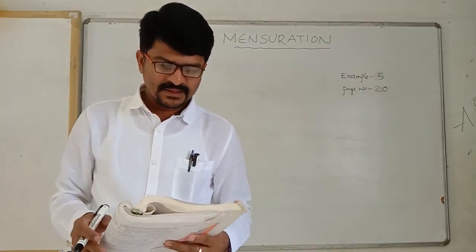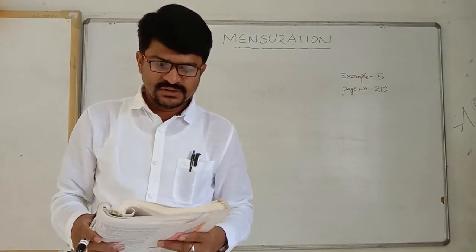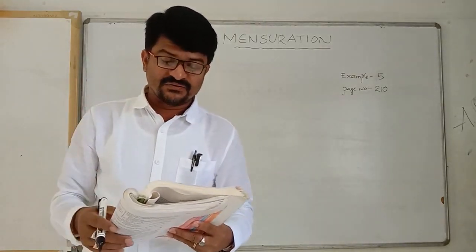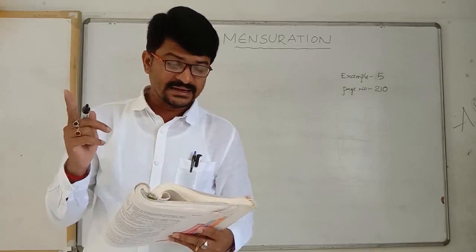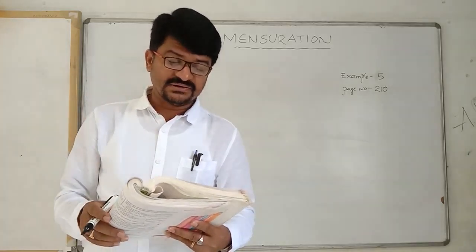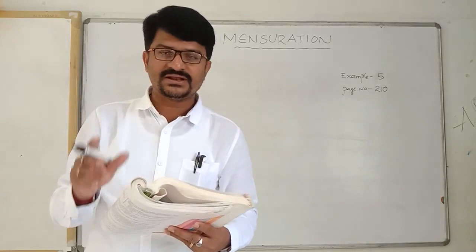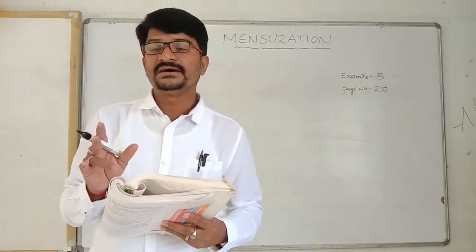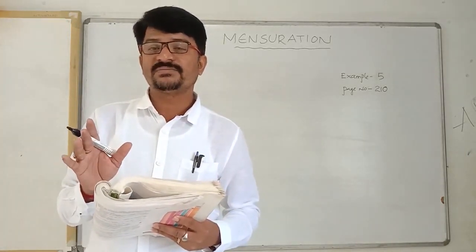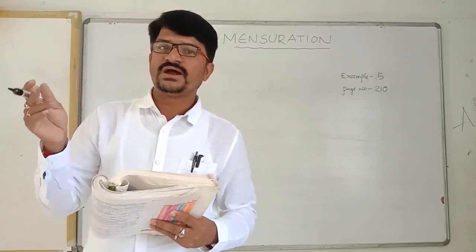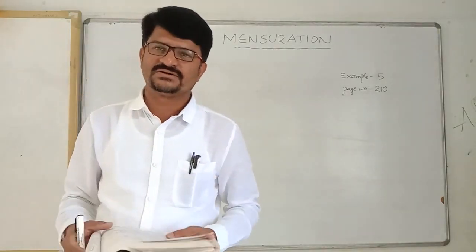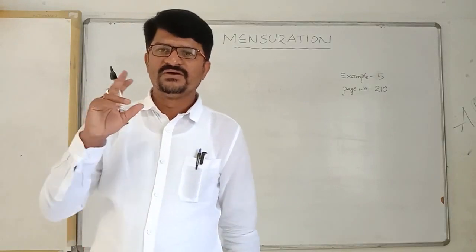Children, listen to me and look at your textbooks also. Find the cost of fencing of a rectangular park of length 250 meters and breadth 175 meters at the rate of rupees 12 per meter. Here, the question does not stop at perimeter. It extends up to finding the cost of the fencing also.